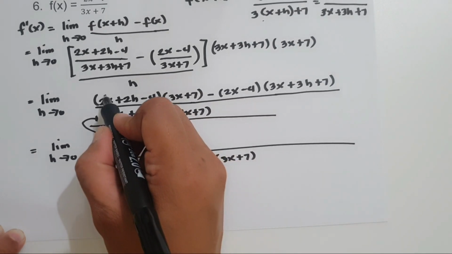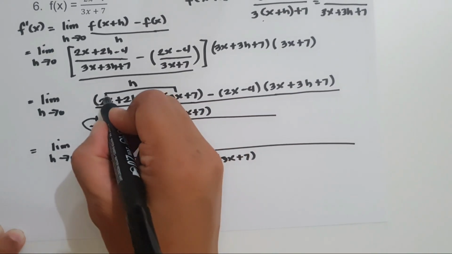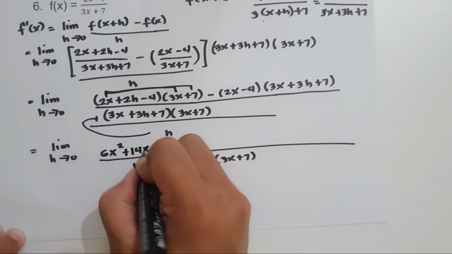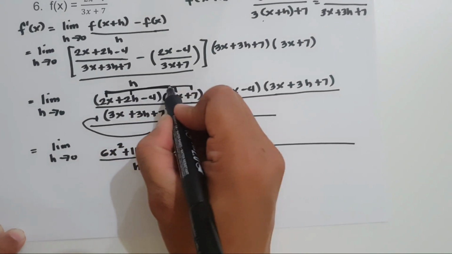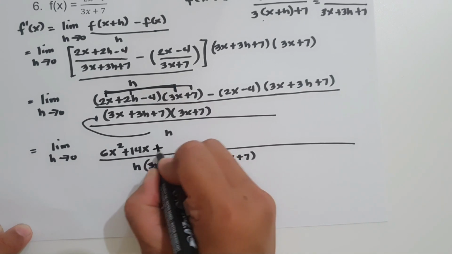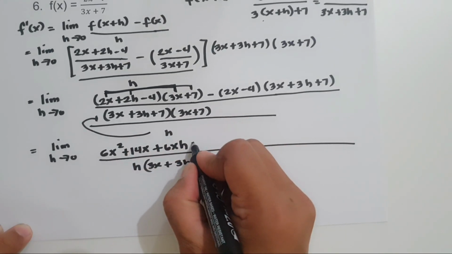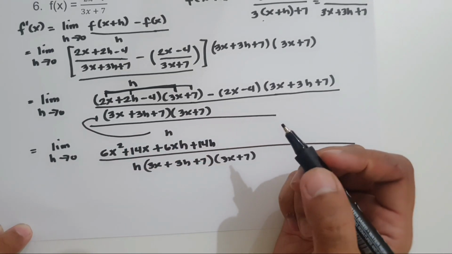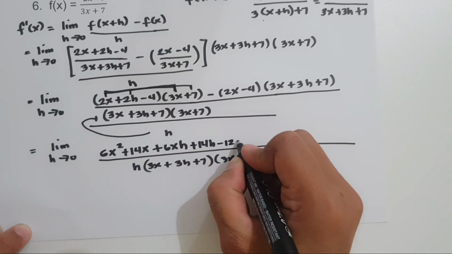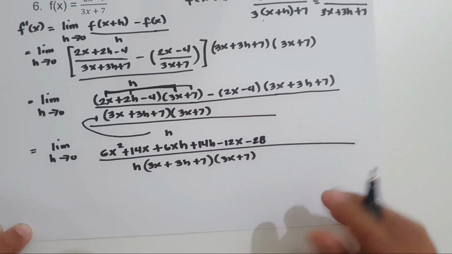And let us have 2x times 3x is 6x squared. 2x multiplied by 7 will give us 14x. Then 2h times 3x is 6xh. 2h times 7 is 14h. And then negative 4 times 3x is negative 12x. Negative 4 times 7 is negative 28.